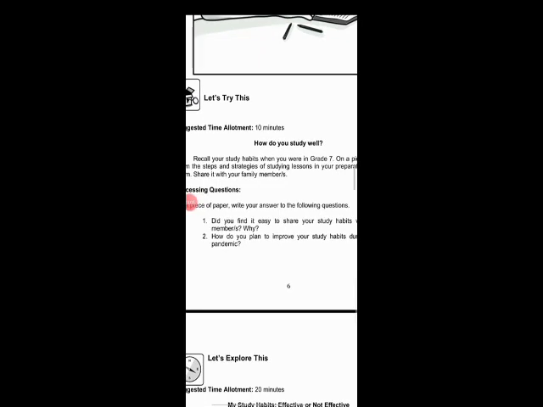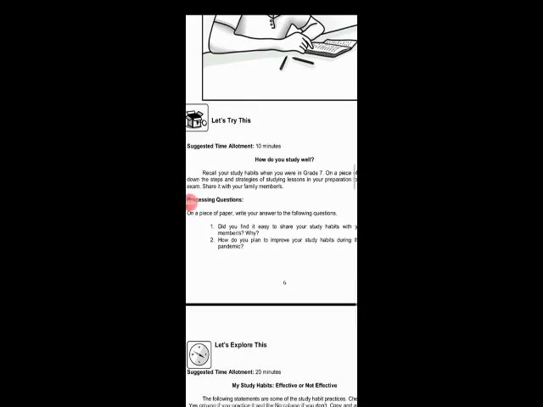This is just an easy activity wherein you recall how you prepared for a quiz during your grade 7 days. Did you prepare an hour or a week before the exam or the quiz? What are your strategies when you review? You need to list that down.